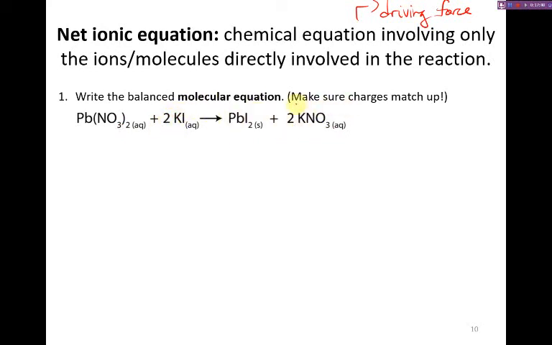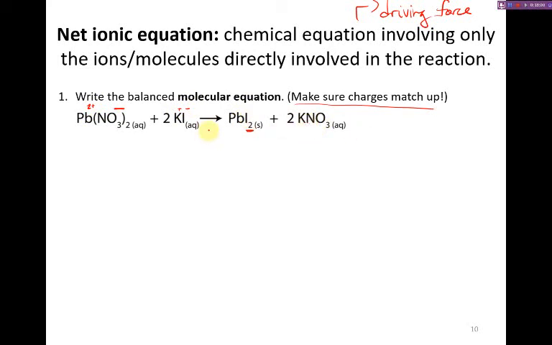And you want to start by making sure that the charges match up. In other words, you have to know nitrate's a -1 charge, and therefore, lead has to be a +2 charge. Iodide is always -1, potassium is always +1. So when they combine, you're going to need 2 iodides for lead and 1 nitrate for 1 potassium.